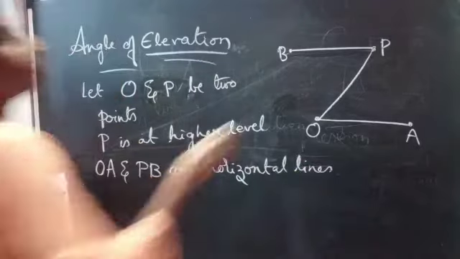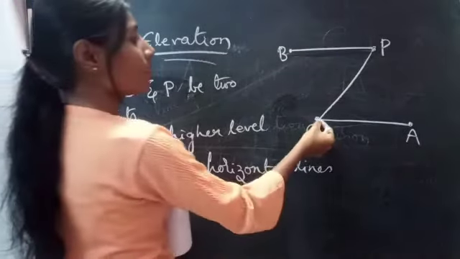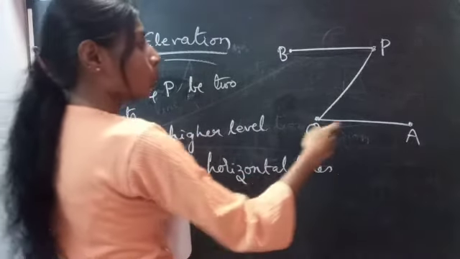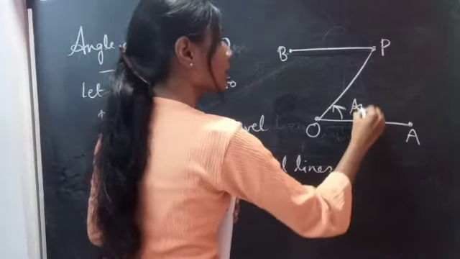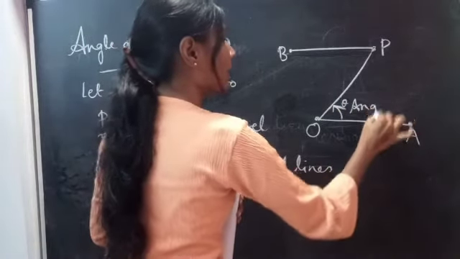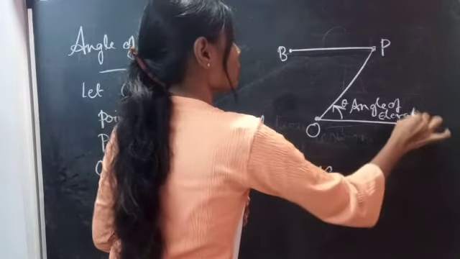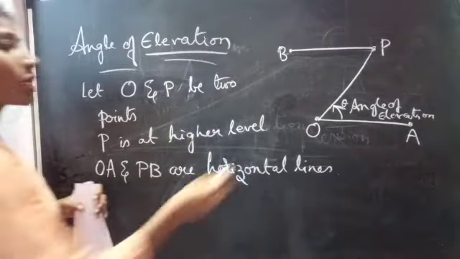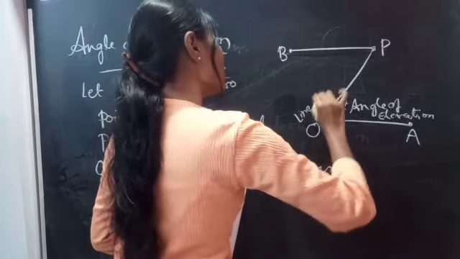So, if you are observing something in the sky from O, the angle so formed is called angle of elevation, and the line OP is called line of sight.